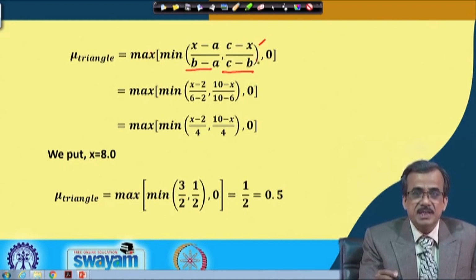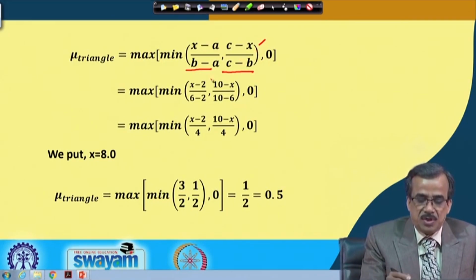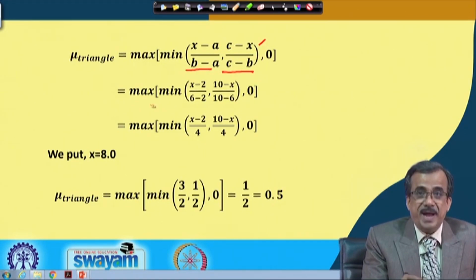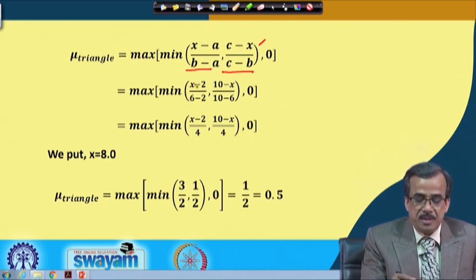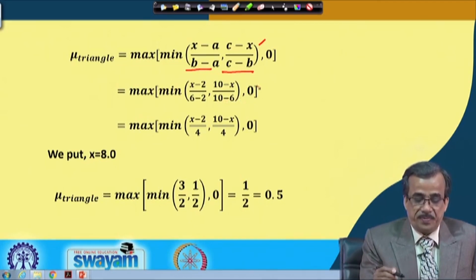Substituting the values for a, b and c, we get the maximum of the minimum of (x minus 2) divided by (6 minus 2), with b equals 6 and a equals 2, comma (10 minus x) divided by (10 minus 6), with c equals 10, comma 0.